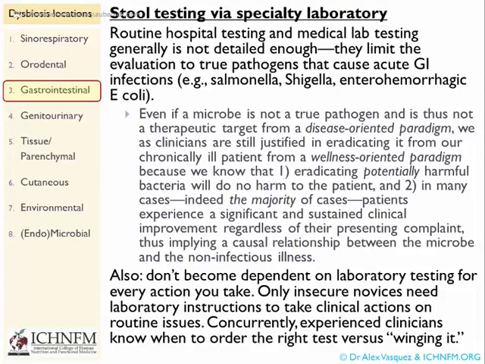Laboratory tests don't cure people. Laboratory tests only provide information to educate our actions. But we don't want to be intellectually paralyzed by our dependency on laboratory data, for example. We need to be able to take action without laboratory data, even when we're treating dysbiosis, and I'll show you some ways that we can do that today.